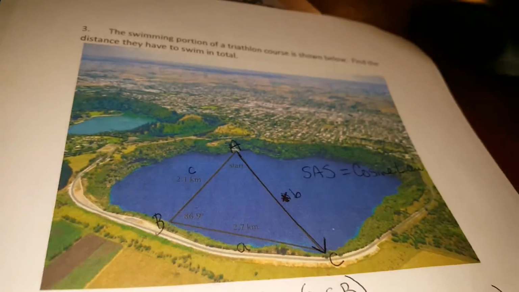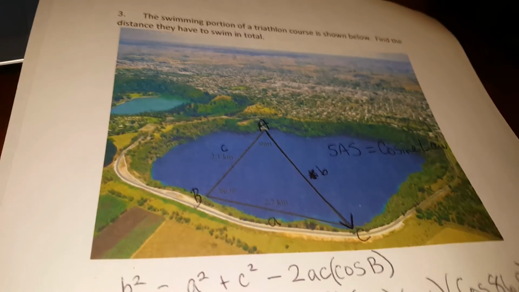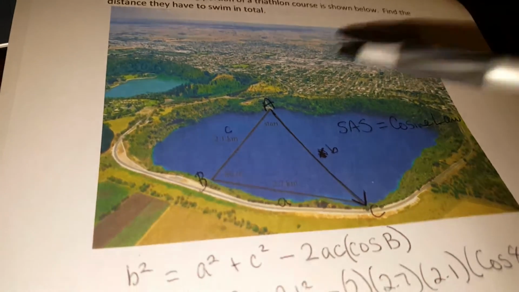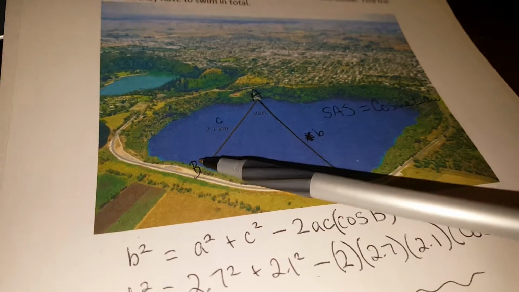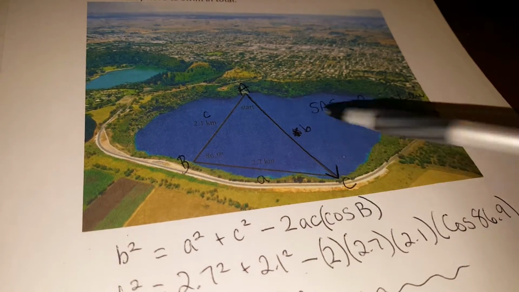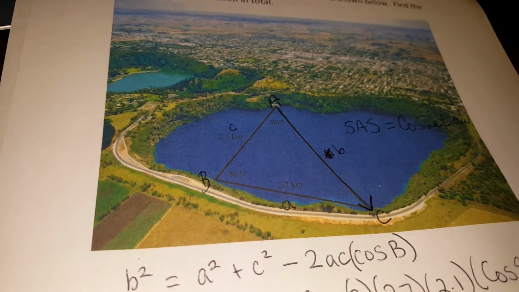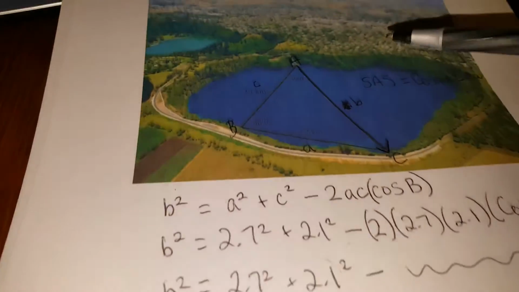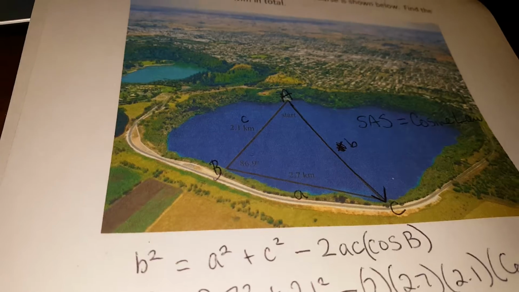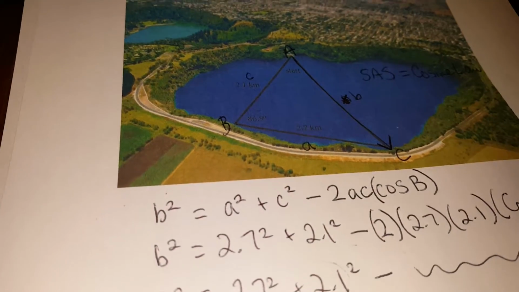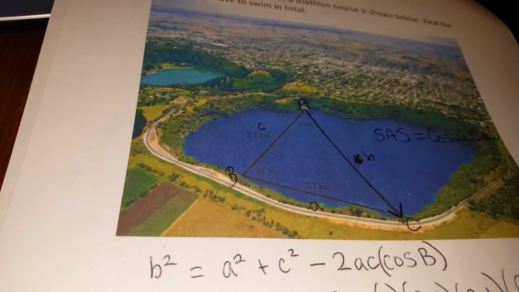Just thinking about the question again, it's asking you to find the distance they have to swim in total. So I'm not sure if it's implying that they're swimming from here to here, here to here, and then here to here. That would kind of make a little bit more sense. I'm clearly not a swimmer. So if you interpreted it that way and you were to add all three sides as the total, that's fine.